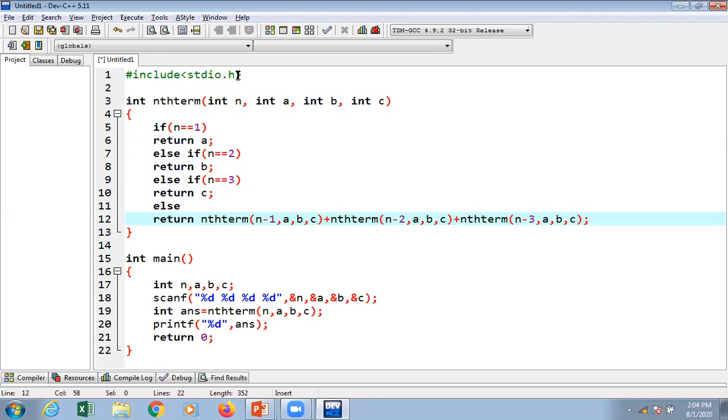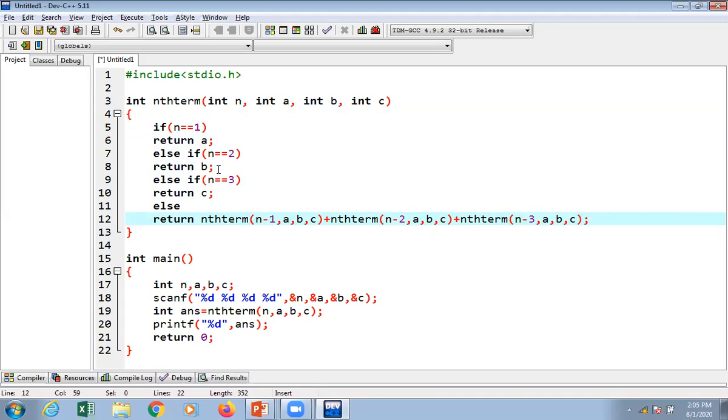and third. So when this will be called for fifth, then it will be called for fourth, third, and second. So when this third and second will be called, then whatever is the value of b and c will be returned, because n value will be 2 and 3 here.